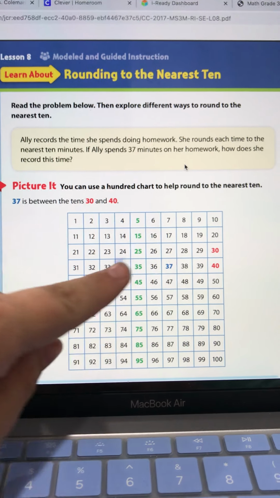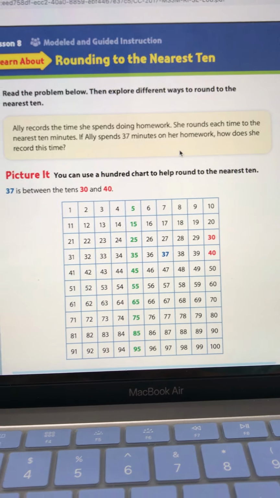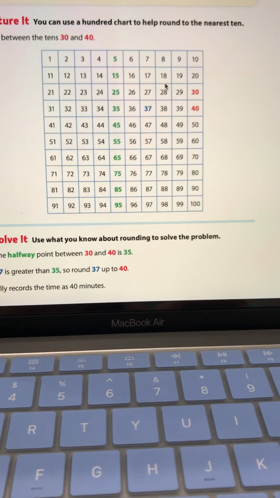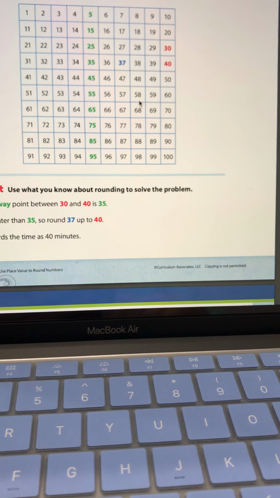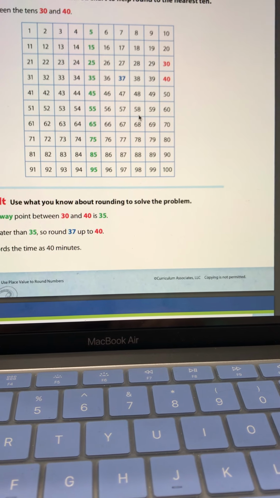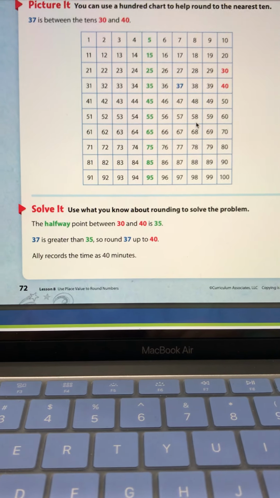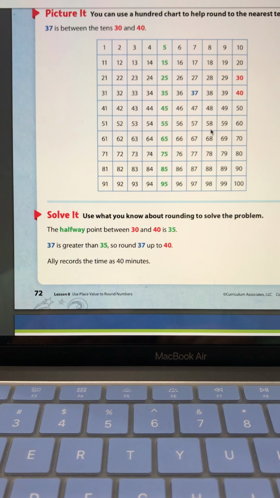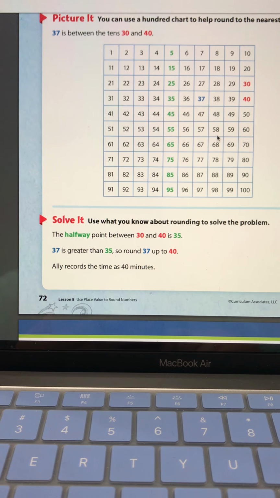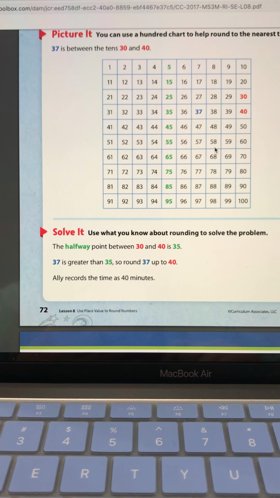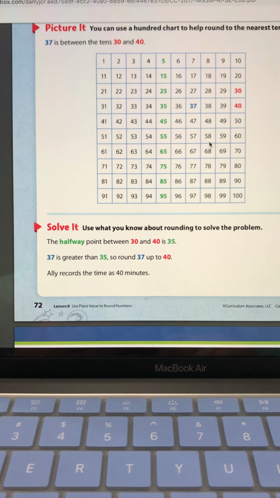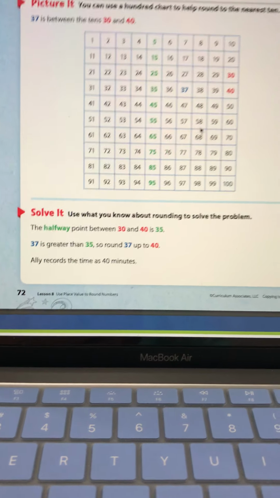So 37 falls between 30 and 40, and they have those numbers written in red. Says solve it. Use what you know about rounding to help solve the problem. The halfway point between 30 and 40 is 35. 37 is greater than 35, so round 37 up to 40. Allie records the time as 40 minutes.